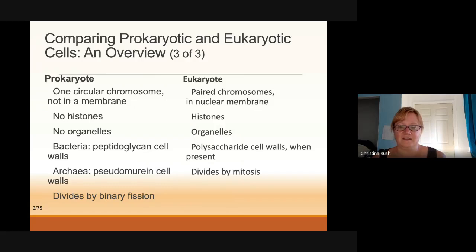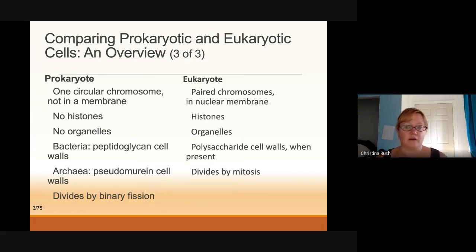And then we have polysaccharide cell walls when they're present for eukaryotes. So not all eukaryotes have cell walls, but some do. Fungi cells and yeast have cell walls, and those are eukaryotes. That's just something to keep in mind. A lot of people get that wrong when they're giving the differences between eukaryotes and prokaryotes.